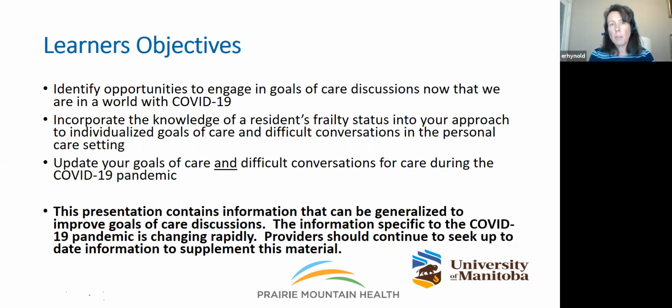Incorporate the knowledge of a resident's frailty status into the approach for individualized goals of care and difficult conversations that we have in the personal care home setting, and update our goals of care and difficult conversations in the ways that we now have to update it for caring for people during the COVID-19 pandemic.